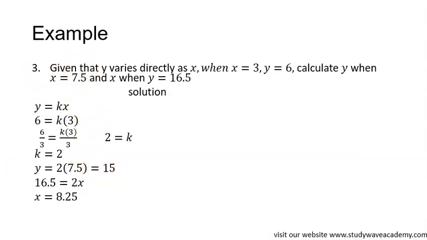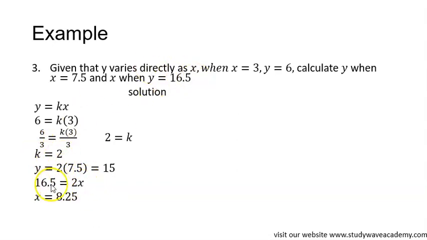Next, we're going to be looking for x when y is 16.5. This is the formula. We substitute y = 16.5 = k, which is the constant 2, times x. We are looking for x.